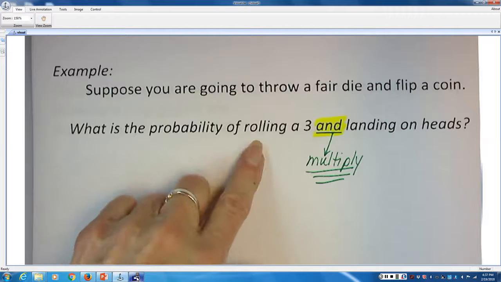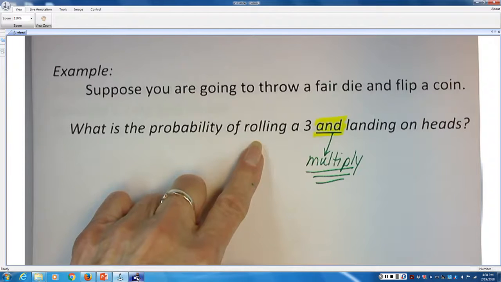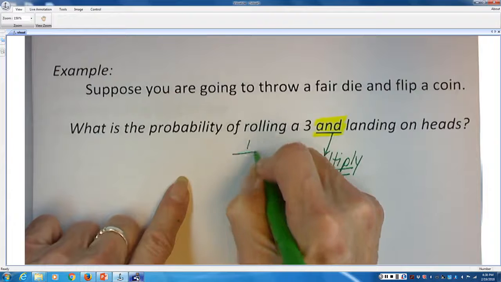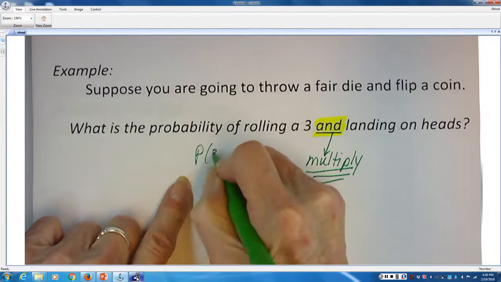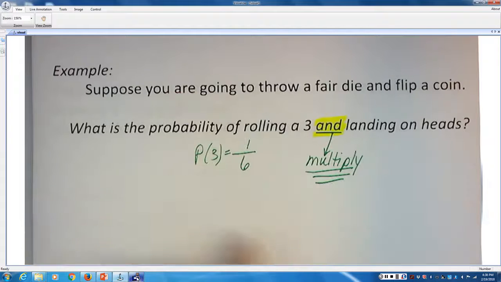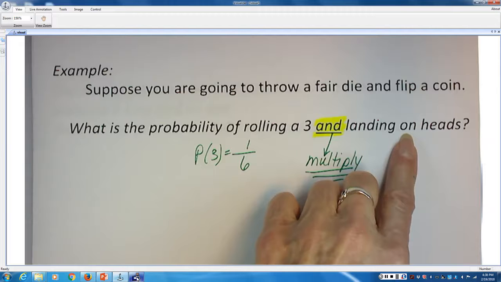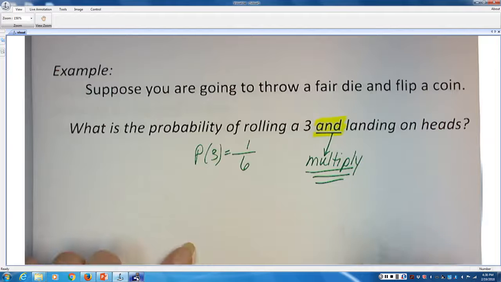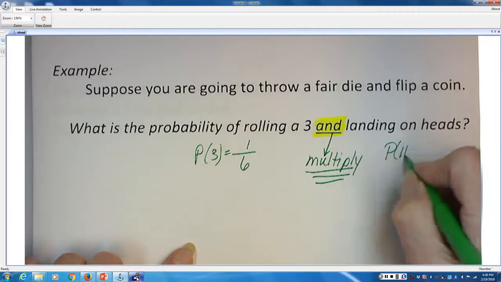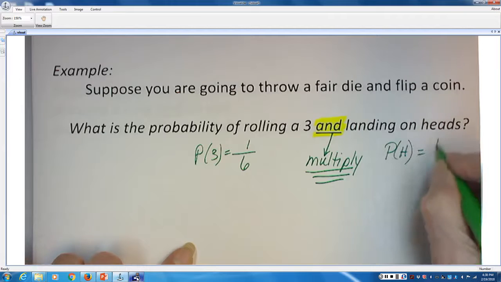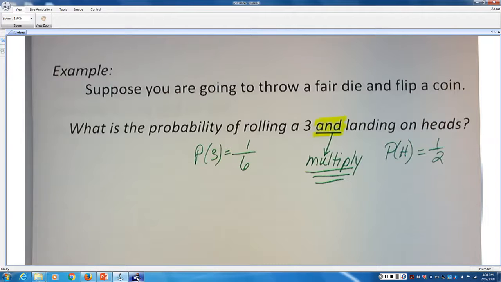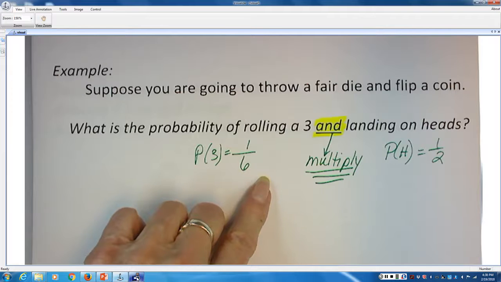What's the probability of rolling a 3? What's the probability you get a head? And means multiply.